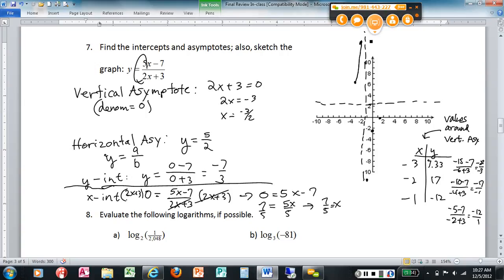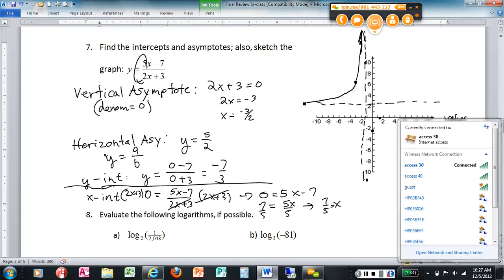It never crosses the vertical asymptote. Well, if these 2 points have anything to do with it, it looks like it's headed upwards, doesn't it? And then remember the horizontal asymptote, what does that tell me? The horizontal asymptote tells me where the graph levels off on the ends. So this graph is going to level off as we go out towards the ends at that horizontal asymptote.